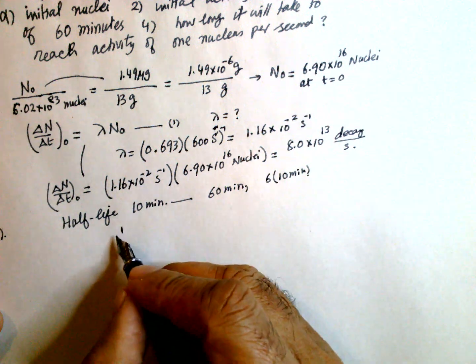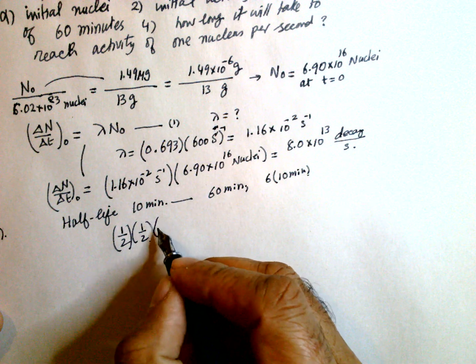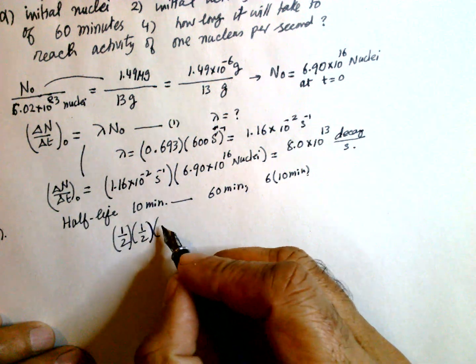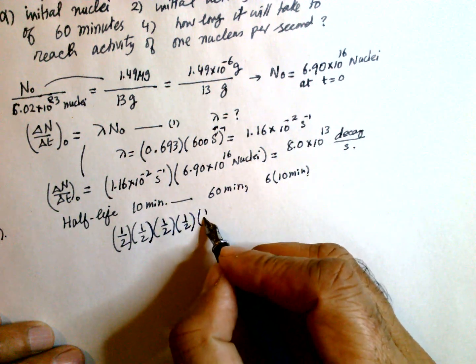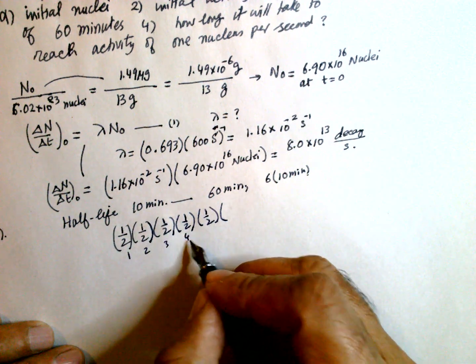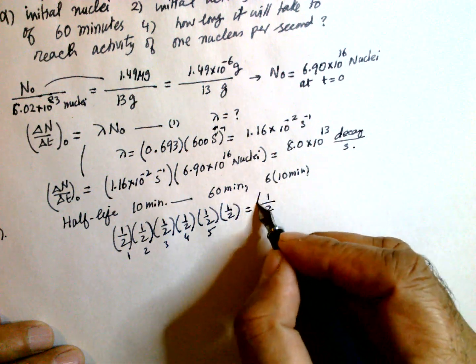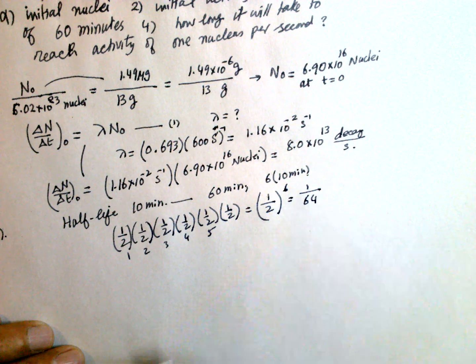So that will be 6 half-lives: 1 over 2, 1, 2, 3, 4, 5, 6, that is 64.